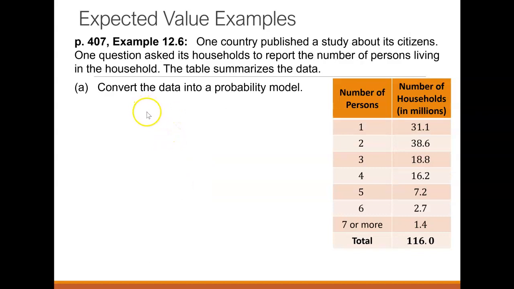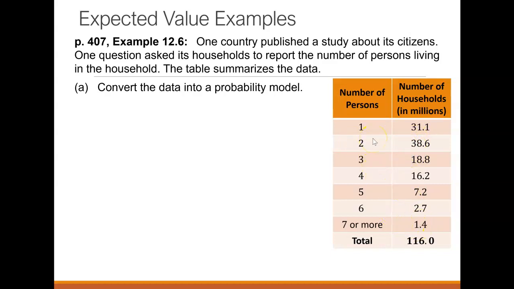Let's do another. So let's say we have a data set and we want to convert this to a probability model. So we have the number of persons and then the number of households in millions. So there's 31.1 million one-person households, 38.6 million two-person households, and so on.